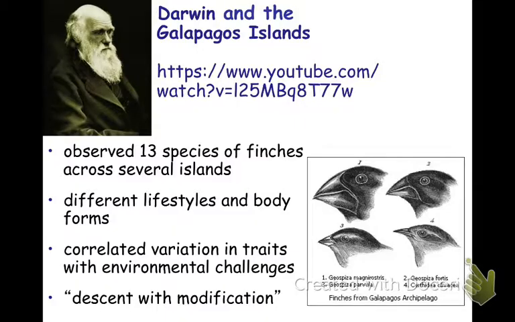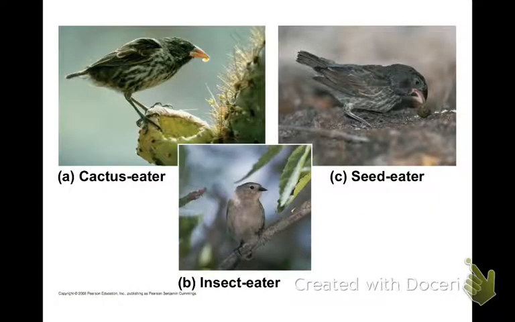Okay, so hopefully that was interesting and helpful. So we have the different kinds of finches with different food preferences and their different beaks. So you have the cactus eater, insect eater, and the seed eater.